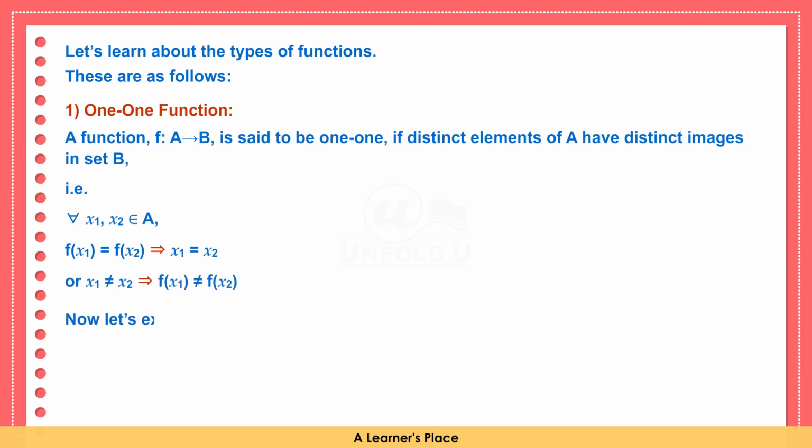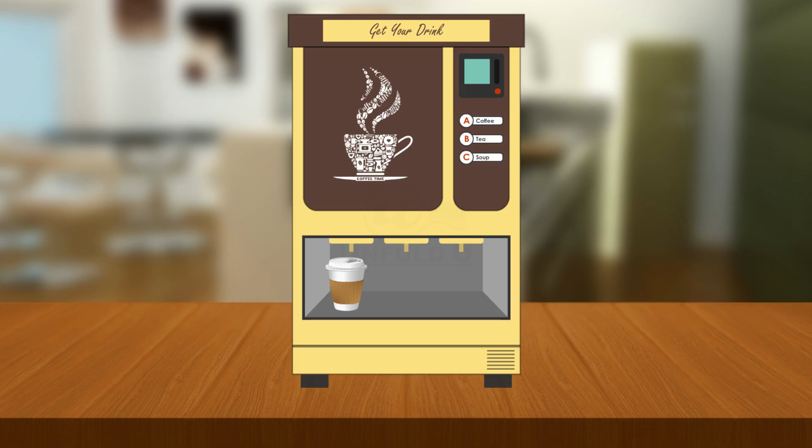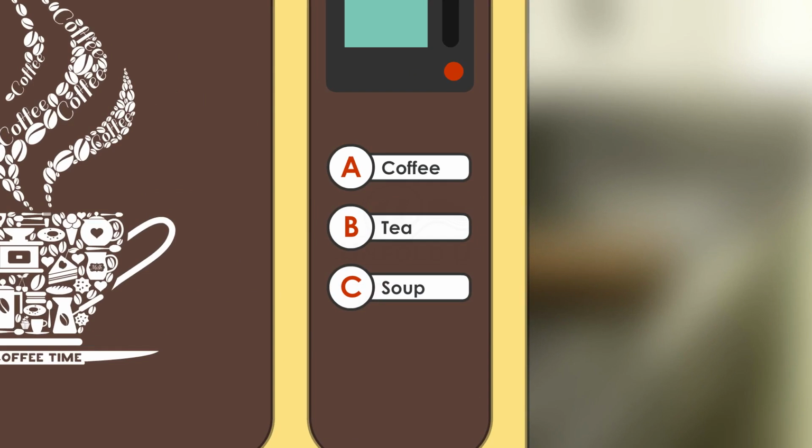Now, let's explain 1-1 function with the help of an example. Let us take the example of a coffee vending machine. The coffee vending machine has 3 selection buttons marked A, B and C. Letter A is for coffee, letter B is for tea and letter C is for soup.